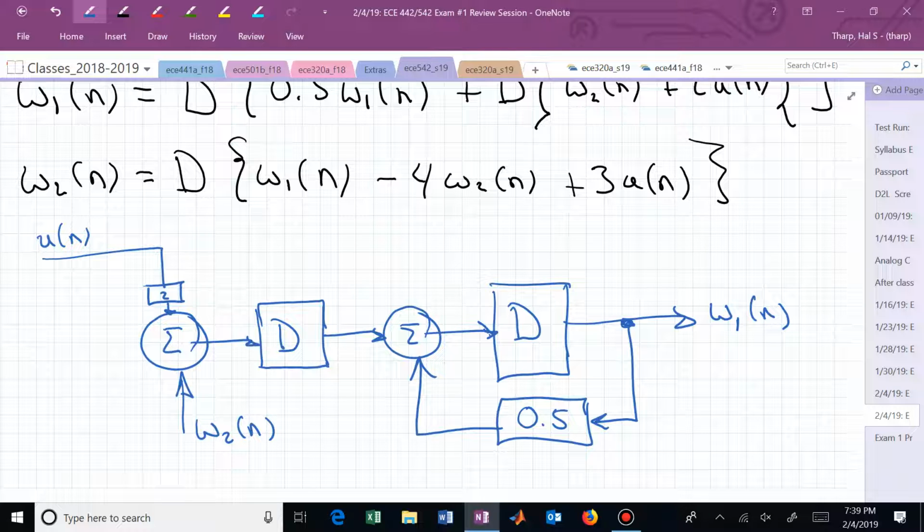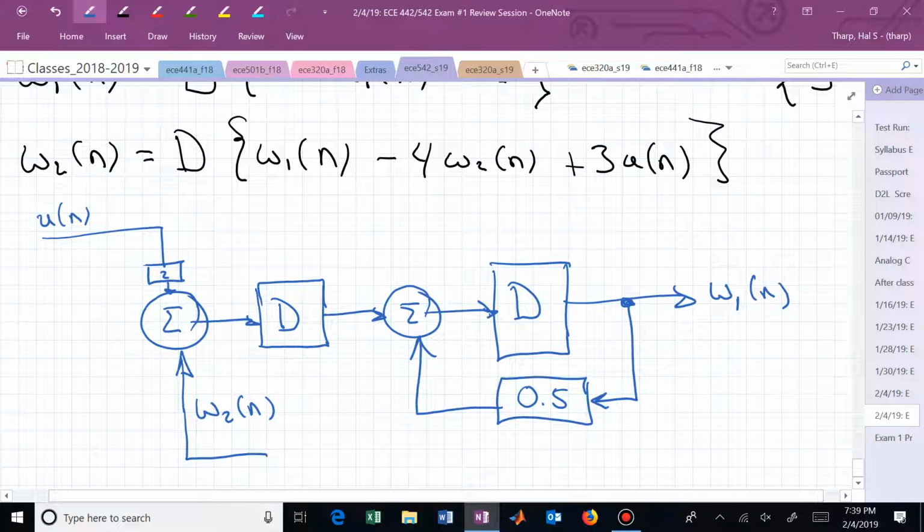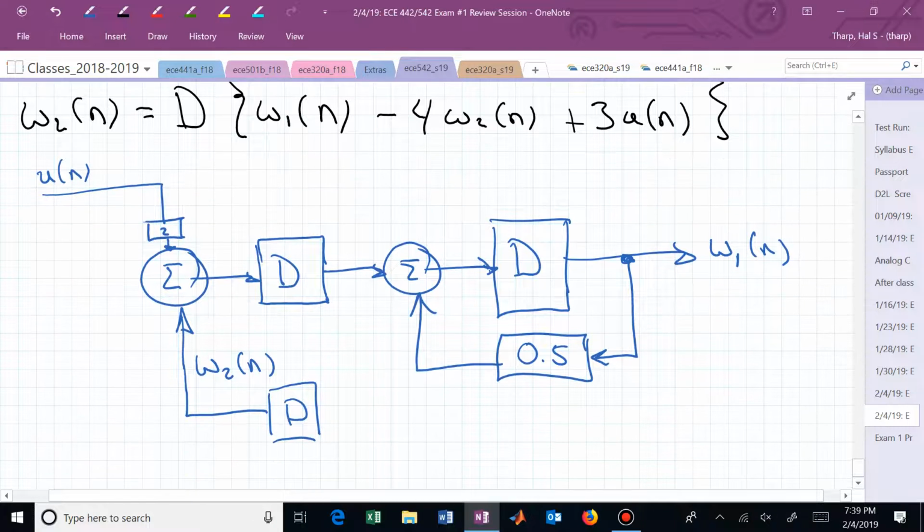But now W2 needs to satisfy this right-hand side. And that can now be the output of a delay block, where the input to that delay block is a weighting of minus 4.